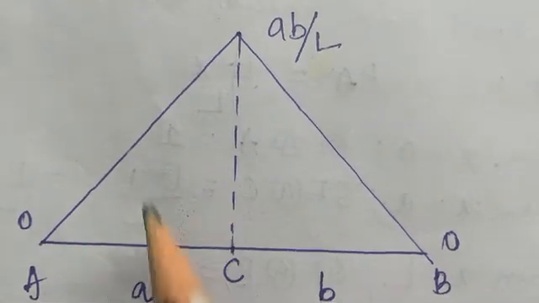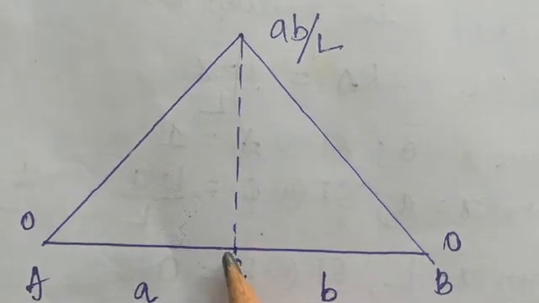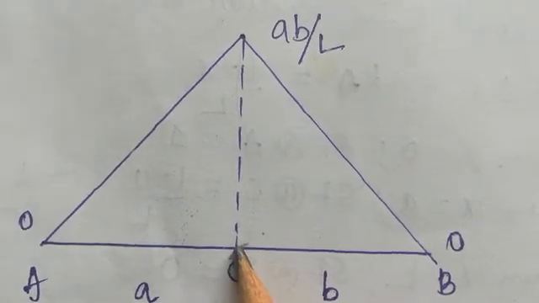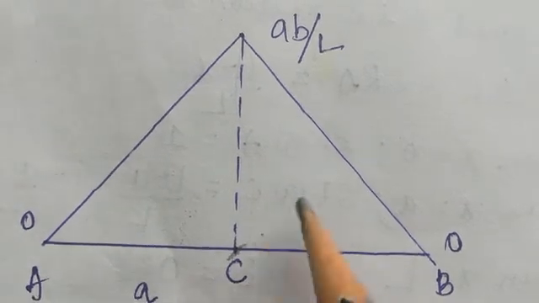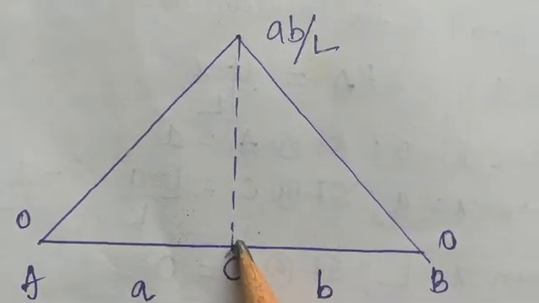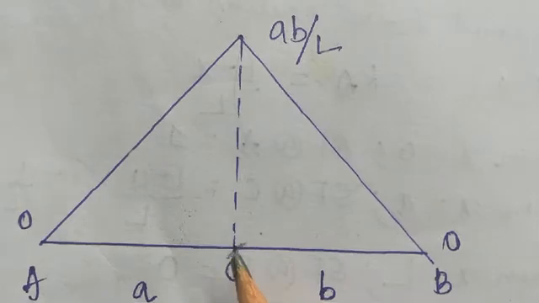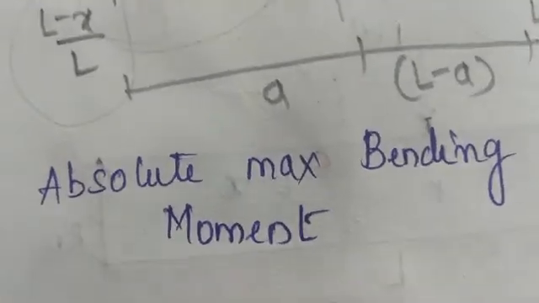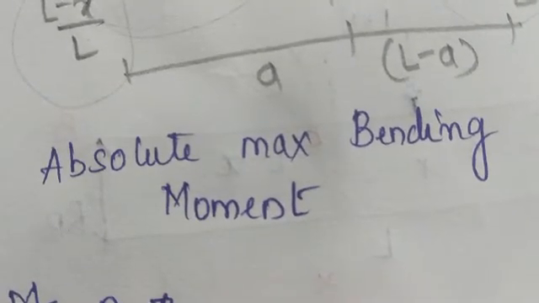Now this is bending moment at a particular point. You have one more term that is called the absolute maximum bending moment. Now what is this absolute maximum bending moment?